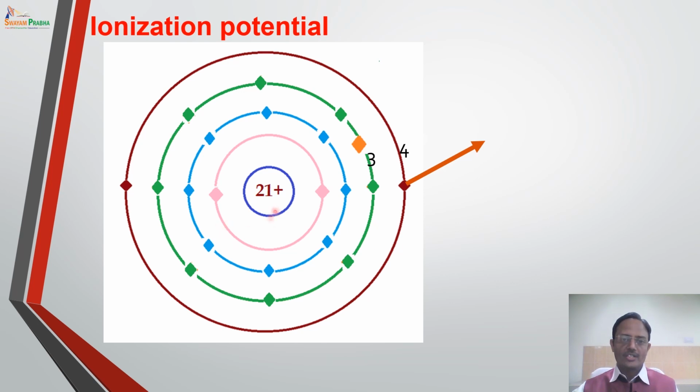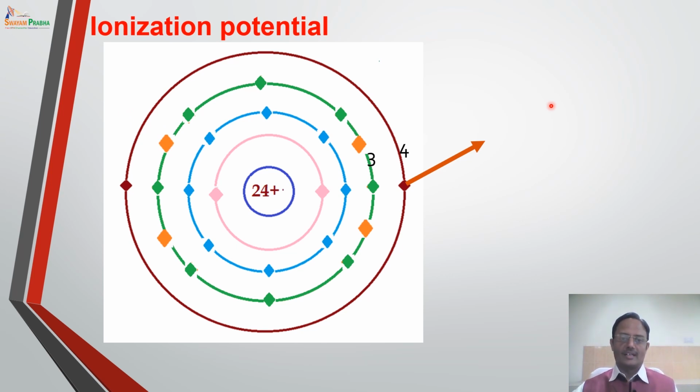The nuclear charge is increased by 1 unit and the electron is added to the penultimate shell, or last but one shell. Next electron is again added to the last but one shell. Third electron again added to the penultimate shell. Fourth electron again added to the penultimate shell.